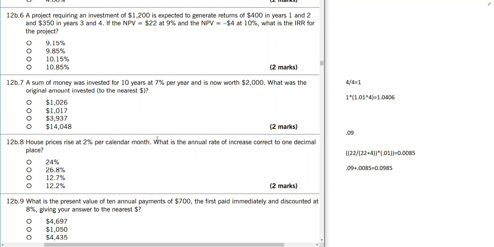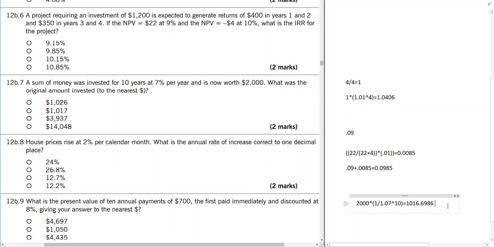A sum of money was invested for 10 years at 7% per year and is now worth 2,000. What was the original amount invested? When they ask about original amount, they are usually asking for discounting. So it is now worth 2,000. It was invested at 7% per year for 10 years. So multiply by 1 divided by 1.07 power 10.